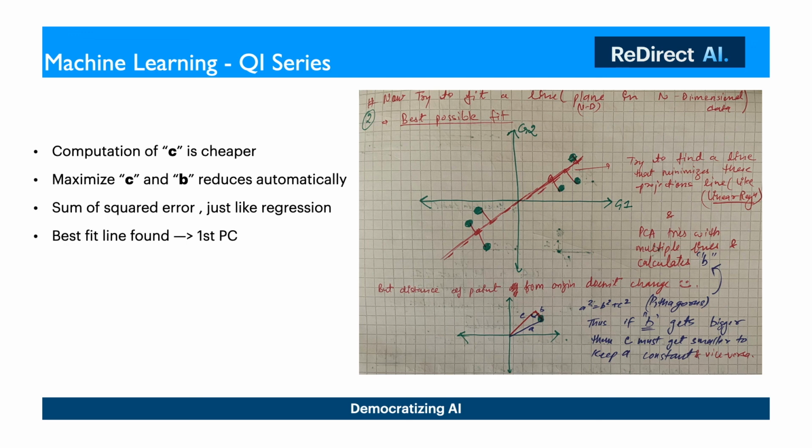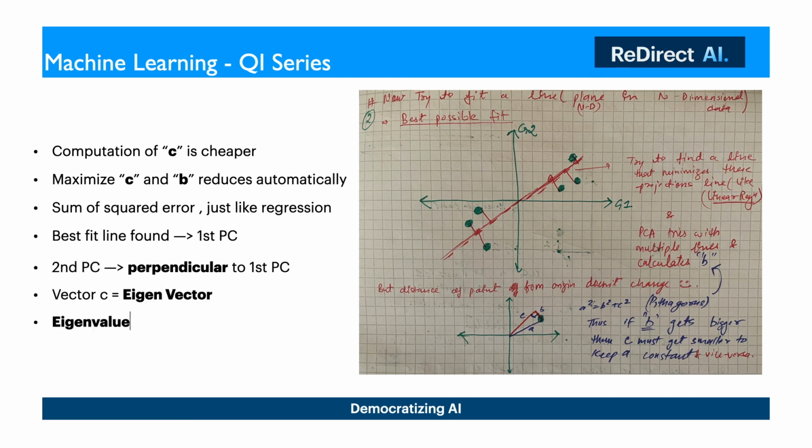And thereon, we'll get two more terms: one is eigenvector and one is eigenvalues. So this vector C is actually called the eigenvector, and the sum of squares of all the B's for a particular principal component will be called the eigenvalue.